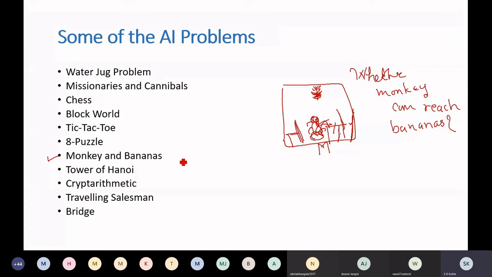This problem is given in Patterson's book, Artificial Intelligence and Expert Systems, by Patterson. Monkey bananas problem. All other problems you will get in Rich and Knight's book.